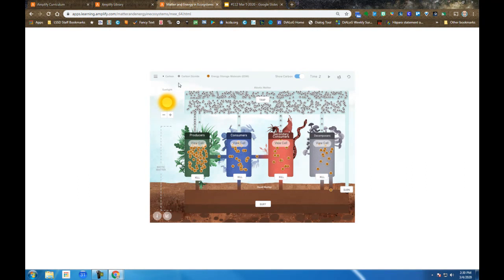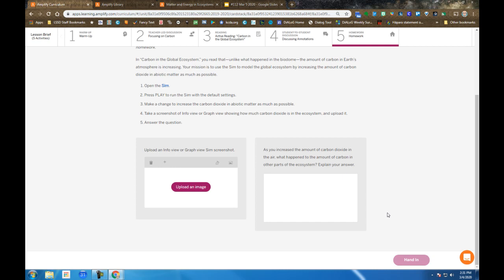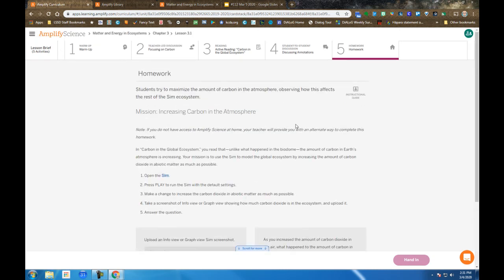I'm going to grab a screenshot of that, upload the image here, and explain exactly what I just told you: if you release the carbon dioxide and then trap it, it doesn't enter the ecosystem as energy storage molecules, and therefore it stays carbon dioxide for a considerable amount of time. So be sure to hand that in, and at that point, you should have a pretty good idea of what's going on.